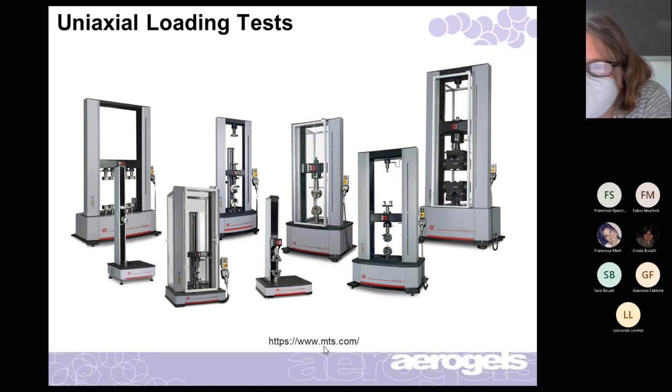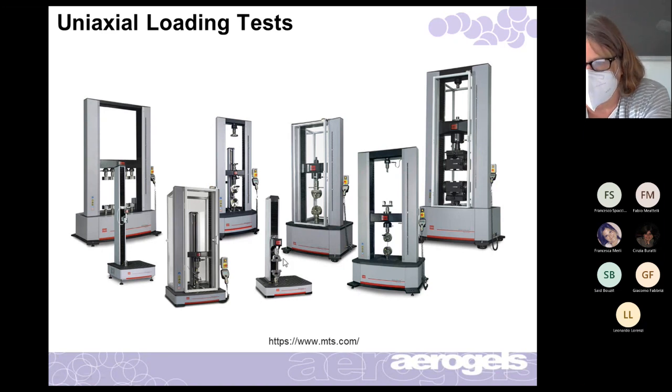But these are just big metal structures here, and you would load your sample in here, and you can pull on it. What these machines do very accurately is you set the force you want to pull with, and then it measures the extension, because remember, to get the strain, we have to know how far you've pulled it. And so it's important to get that information accurately.